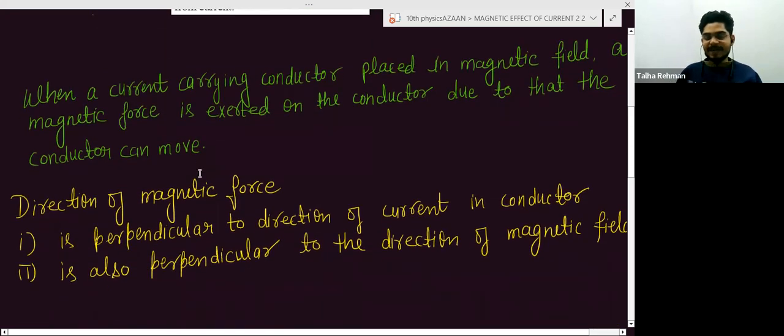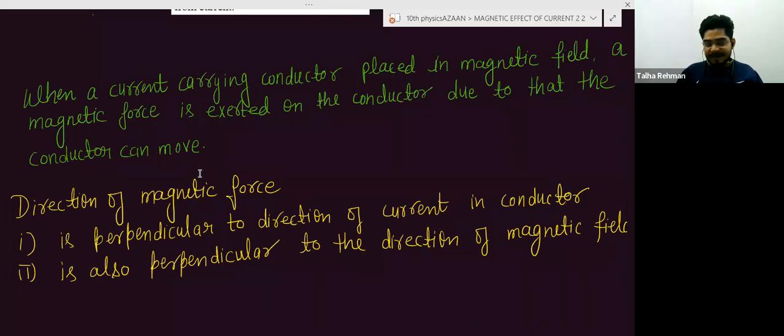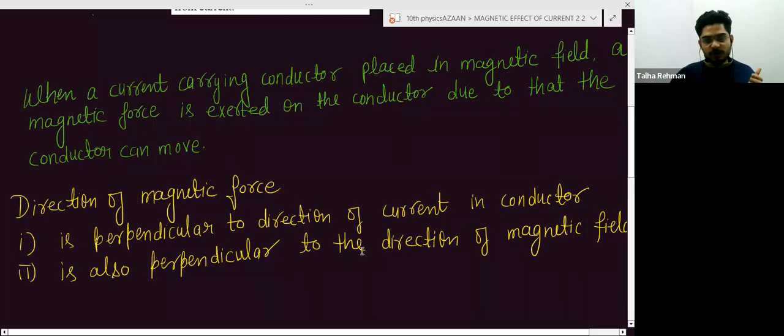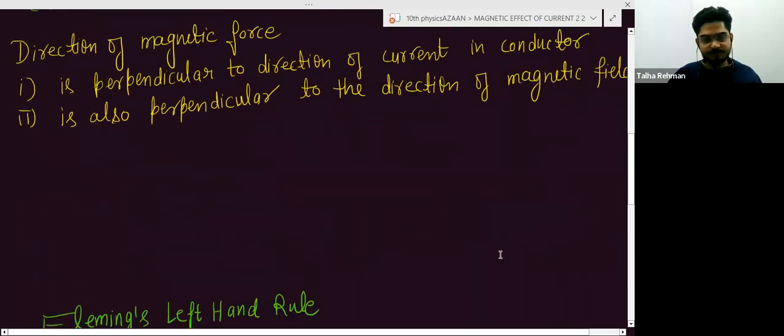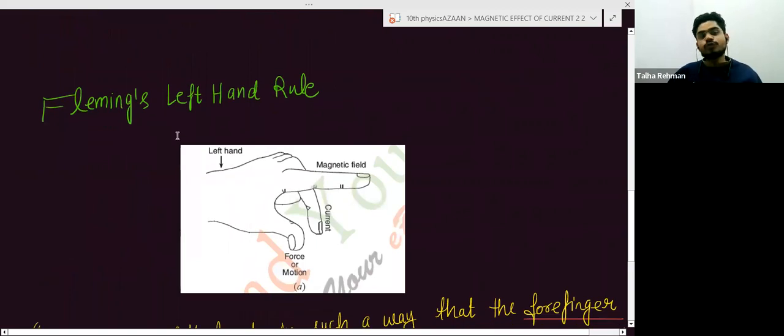So a current carrying conductor in a magnetic field will experience a force, and the direction of this force is perpendicular to the direction of the current in the conductor, and also perpendicular to the direction of the magnetic field. Okay, so to find the direction of the magnetic force, there is a rule, that is Fleming's left hand rule.